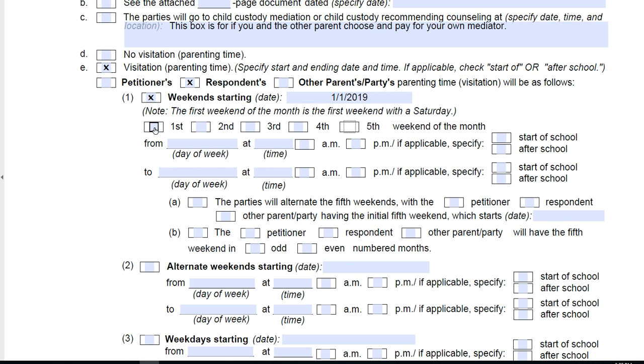So if you mark the first and third weekend, there are some months that have 5 weekends. And if you have a month with 5 weekends, then the respondent, in this case, respondent is the one with the visitation, will only have 2 weekends of visitation because it's only the first and the third, and it turns out there was actually 5.